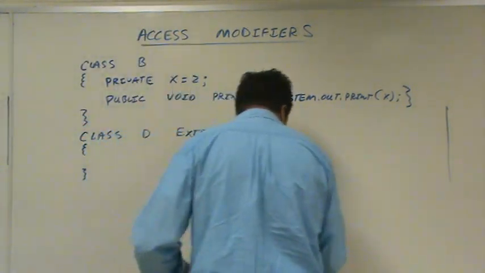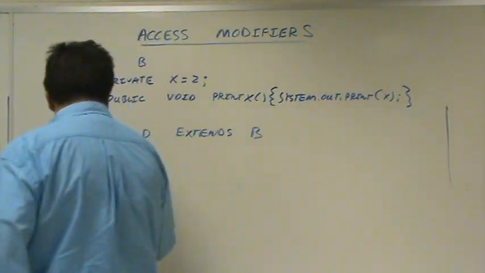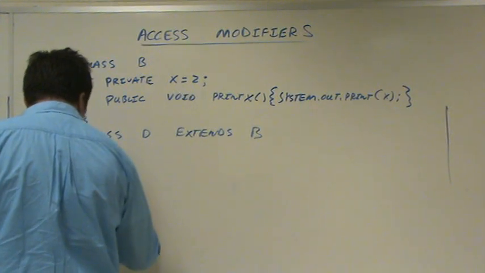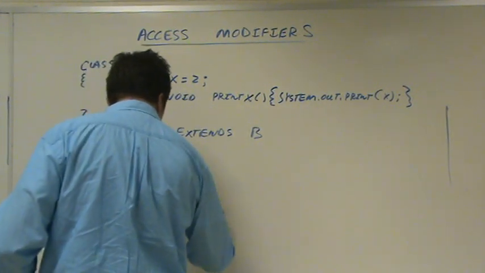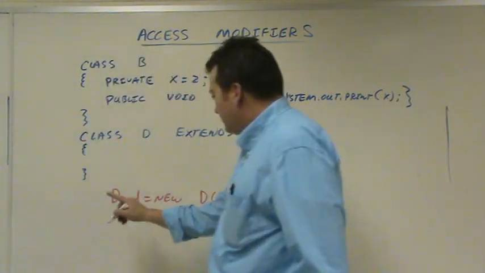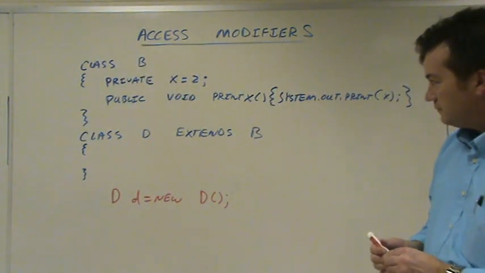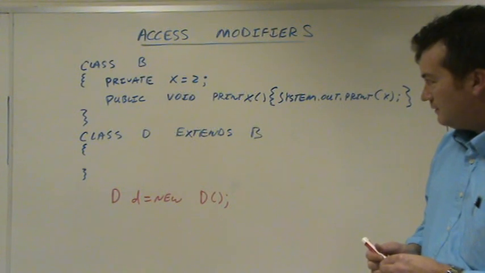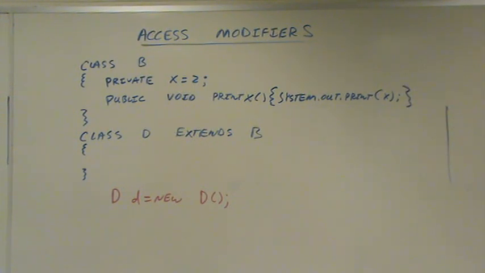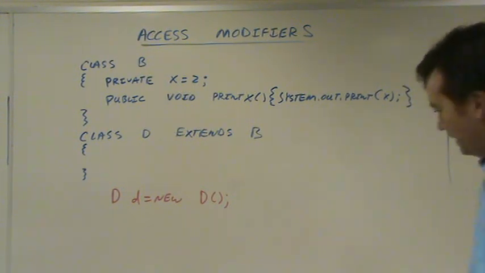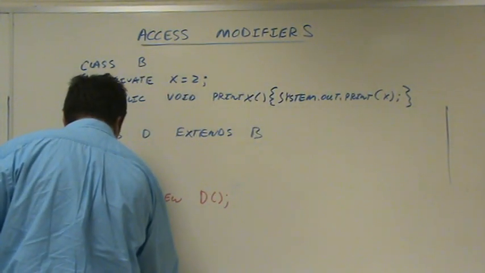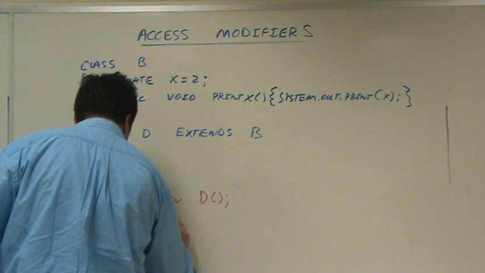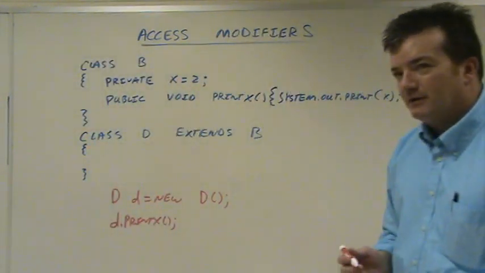Now, later on, in our main program, somebody goes and creates an object of type D, and they call D's print X method. What would you expect to happen?